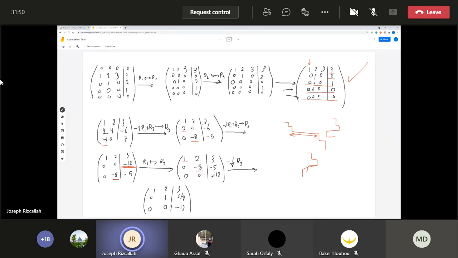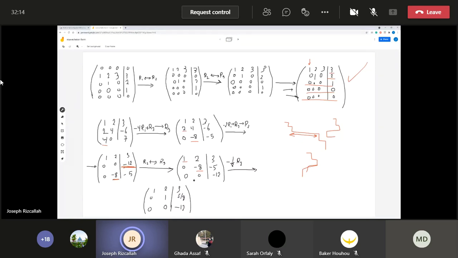If you are solving a system of equations, you would stop here. You would reach this step and see that there are 2 zeros here and negative 12 here. It's impossible. The system is inconsistent. It has no solutions, so it makes no sense to go further. But here, of course, I'm trying to illustrate the idea of the row echelon form.